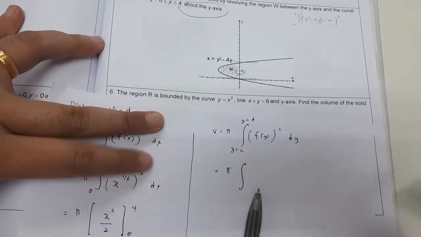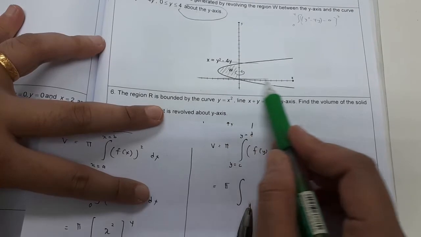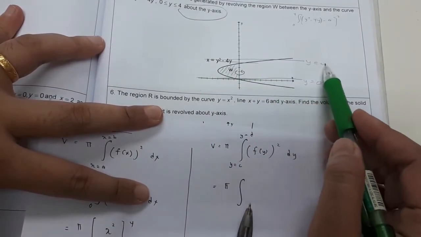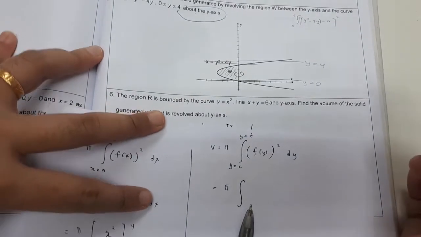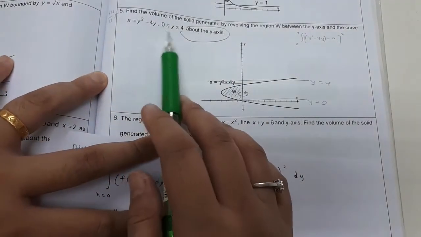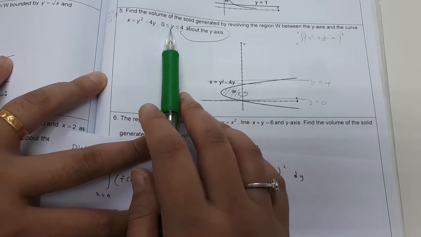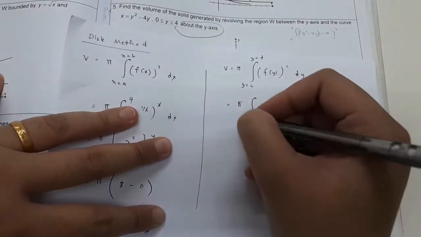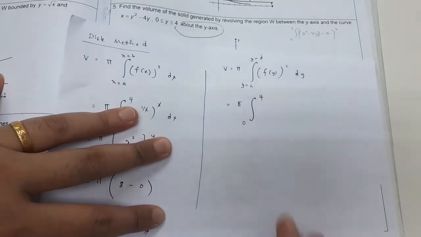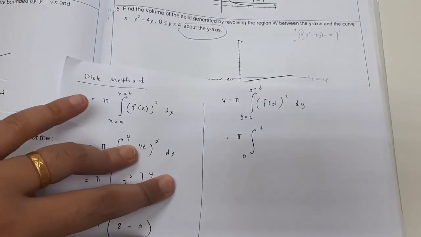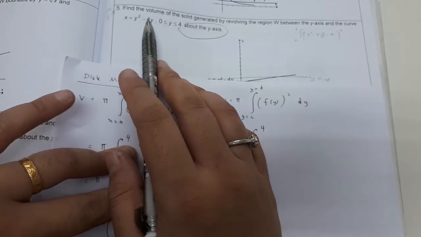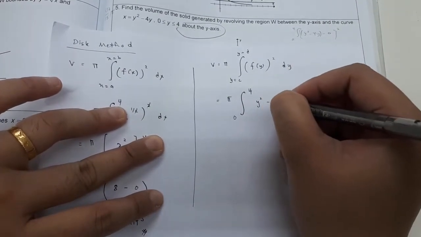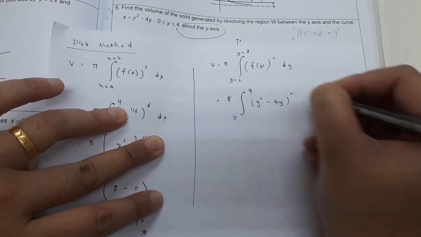So based on the diagram, we will integrate from here where y equals 0 until here y equals 4. Okay, how do I know y is 0 and 4? It's given in the question: 0 is less than or equal to y is less than or equal to 4. So integration from 0 to 4. Okay, and the given function is x equals y squared minus 4y. So (y squared minus 4y) squared dy.